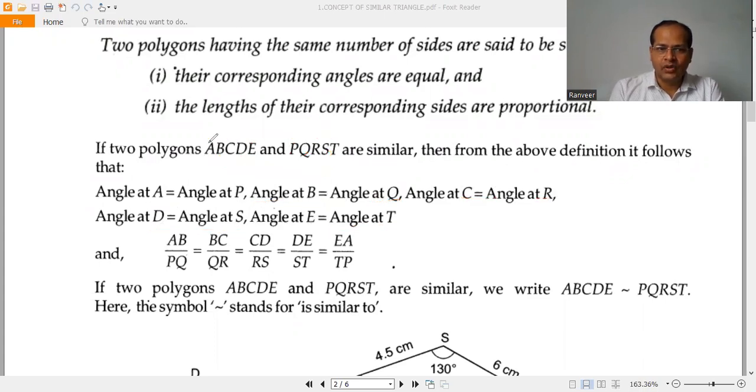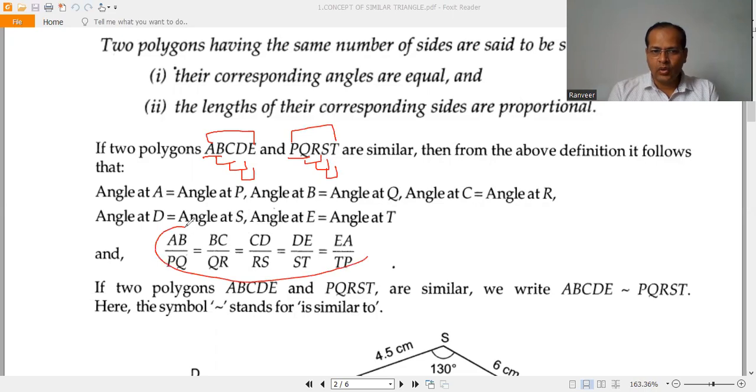Second thing, their ratio. Suppose we are taking AB, then here we have to take PQ. If we are taking BC, then we have to take QR. If we are taking CD, then we have to take RS. If we are taking DE, then we have to take ST. And if we are taking EA, then we have to take TP.